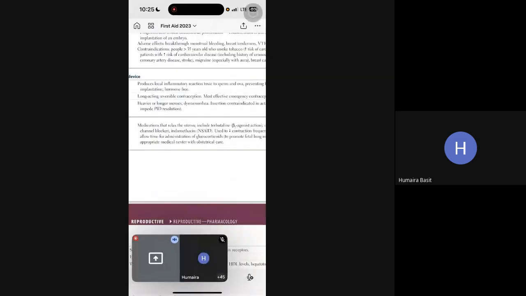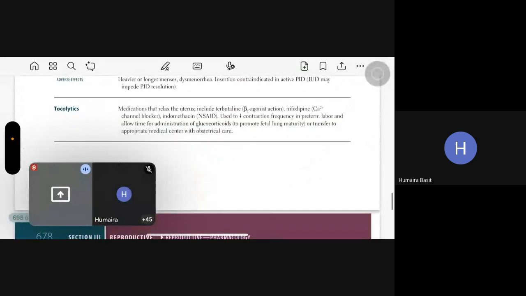as well. So they can give you a question and ask that a female was in need of tocolysis, and we gave that female indomethacin, that is an NSAID. So what side effect do you think can occur in that female who was given indomethacin? Anyone? PDA, patent ductus arteriosus, if indomethacin is given.